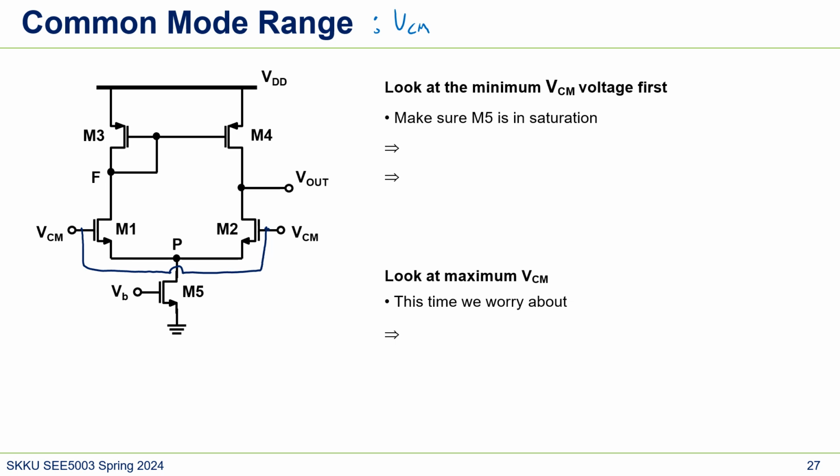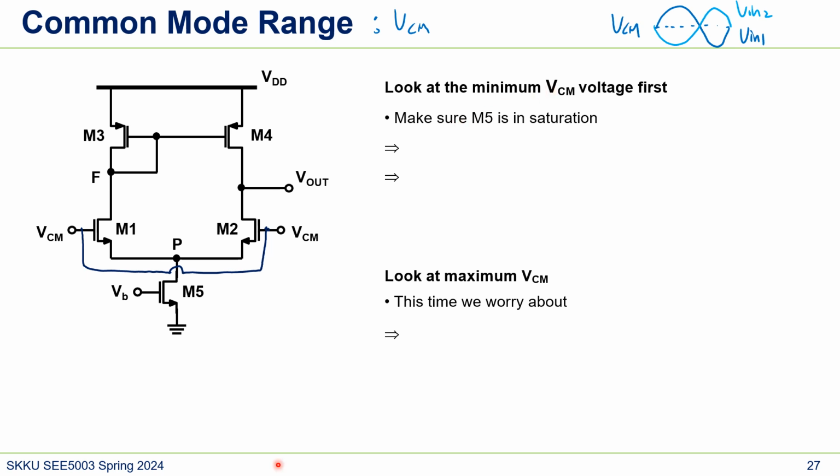So VCM is common mode input, right? We'll just remind you again. So VCM is here, and then the input will be here. This is V in 1, and then the other part will be like this. This is V in 2. So the common mode is VCM, right?